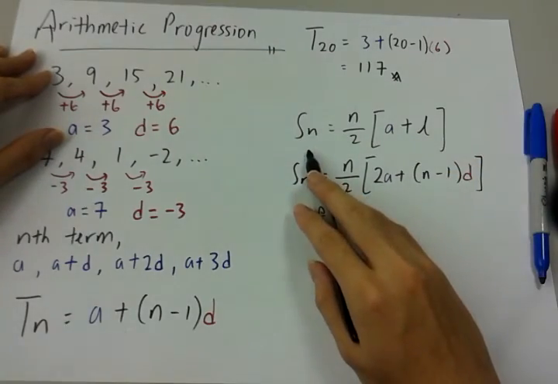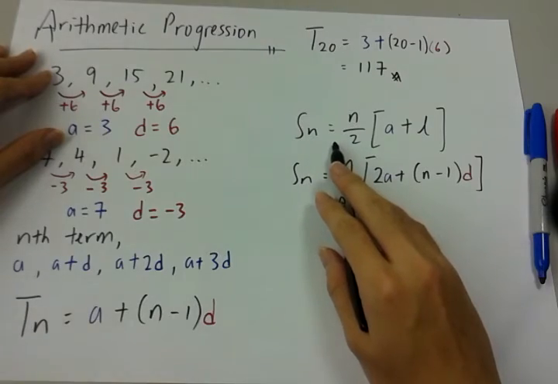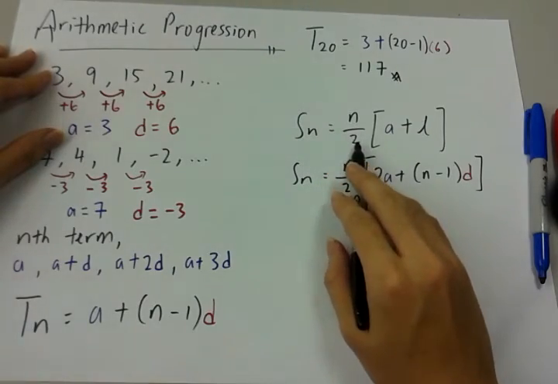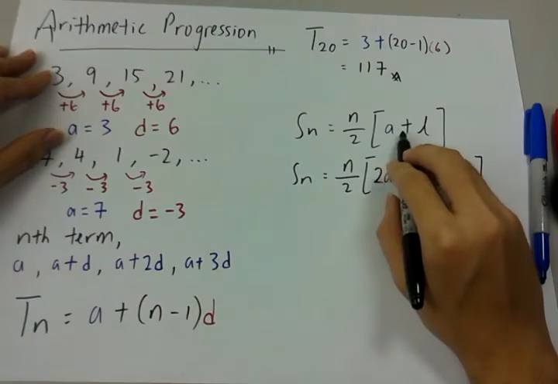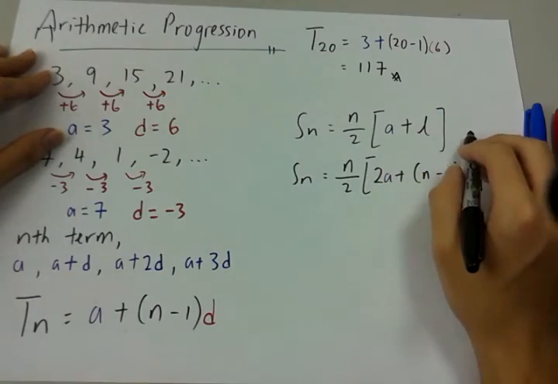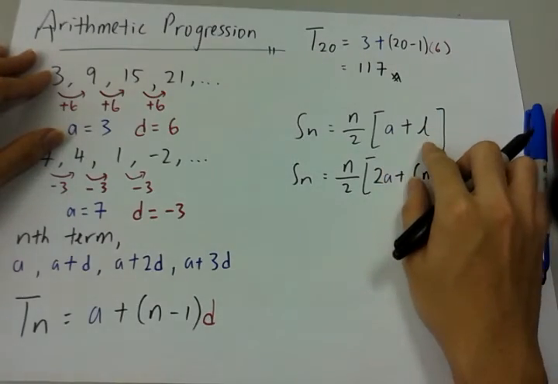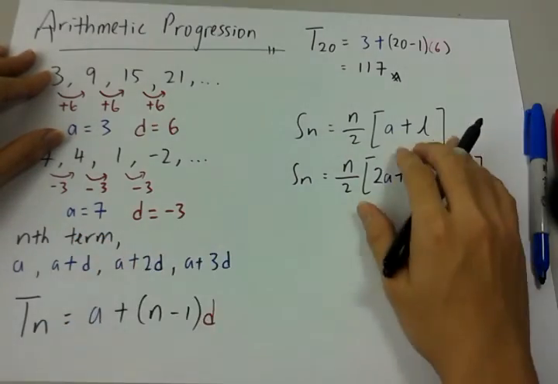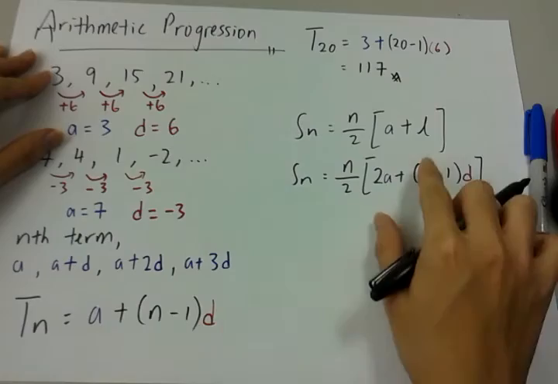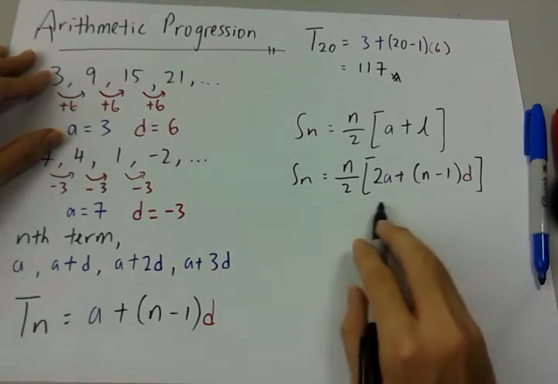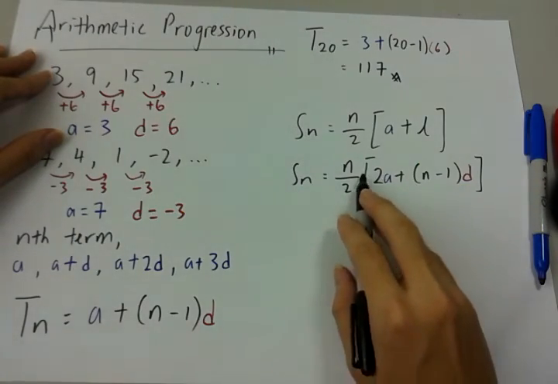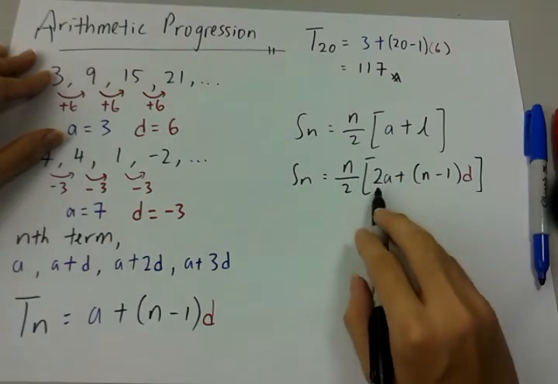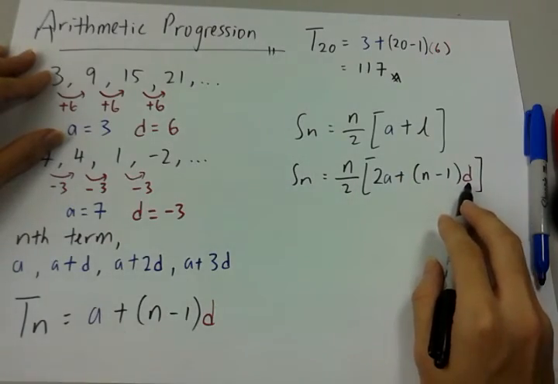Sn, the sum of the progression, equals n over 2 times (a plus l). l is the last term, which we can regard as the nth term. We put the nth term formula inside l, and we get this formula here: Sn equals n over 2 times (2a plus (n minus 1) times d).